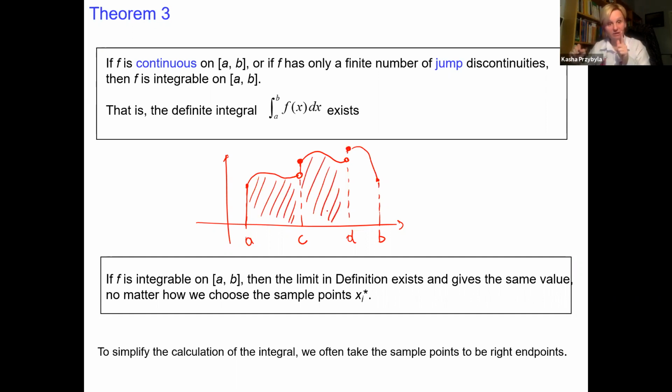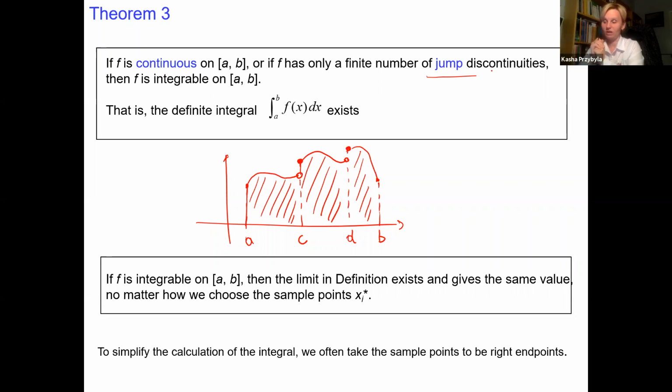The problem is if we have an infinite asymptote, then some infinities are involved. But when we have a finite number of jump discontinuities, we can still integrate. Of course, we are always safe when we have a continuous function, but jump discontinuities are also good.